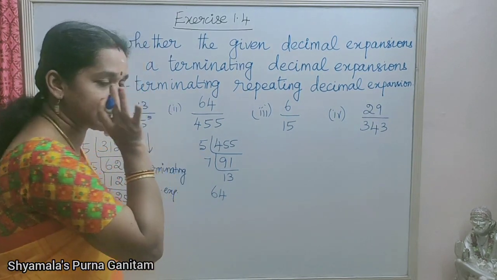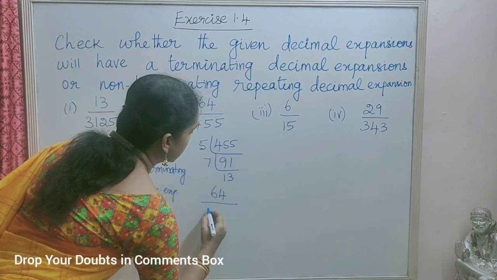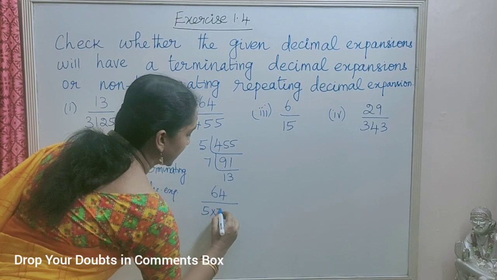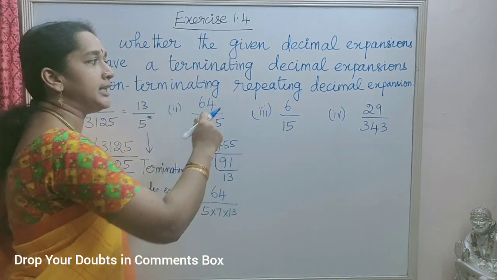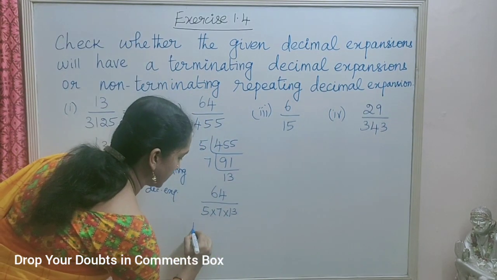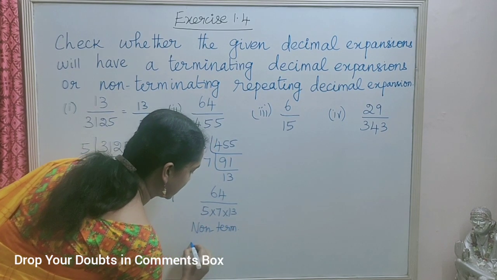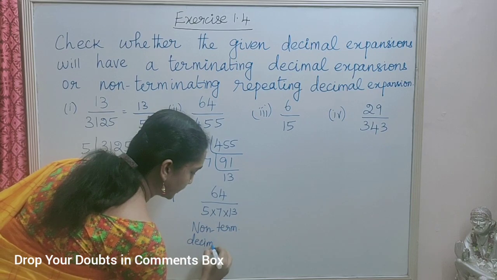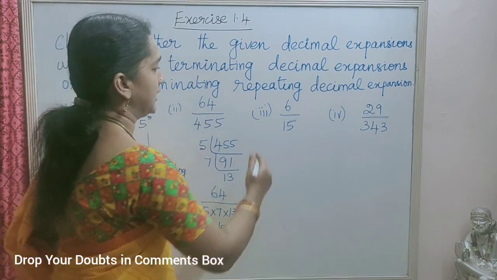Only 5 is there, and other than 5 you are having 2 more factors. So this decimal expansion is not terminating, but it is a non-terminating decimal expansion.